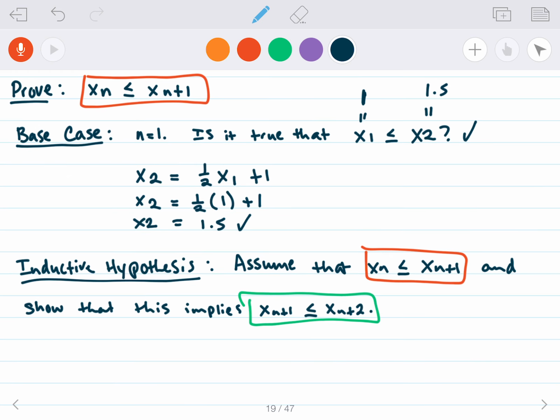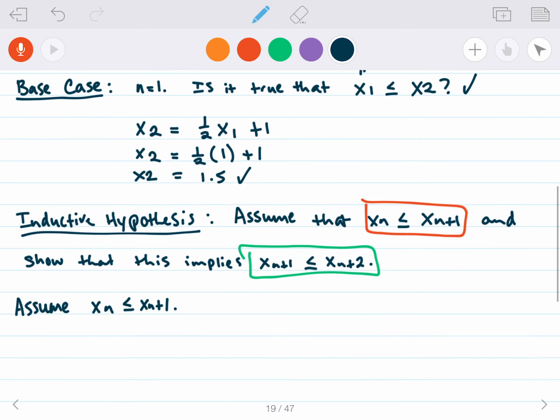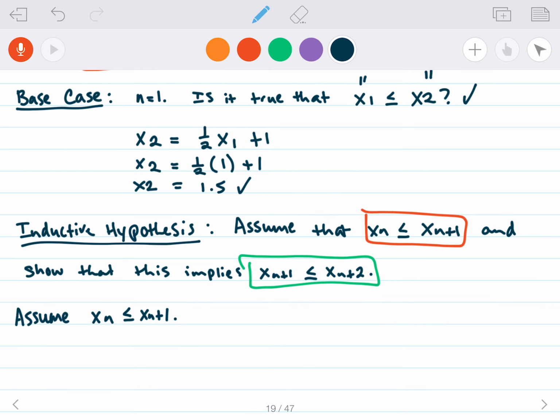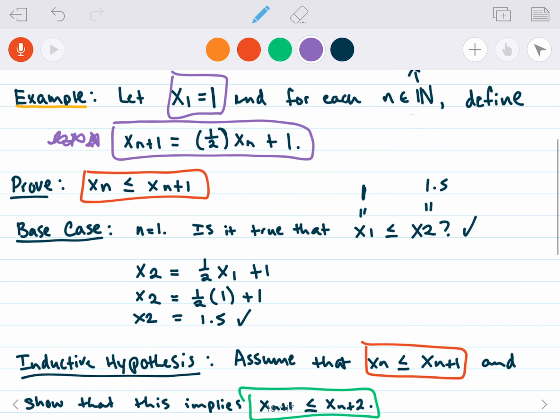So assume that x sub n is less than or equal to x sub n plus 1. And so since this is true, if we multiply both sides by a half to introduce this rule up here, let me actually write this off to the side.